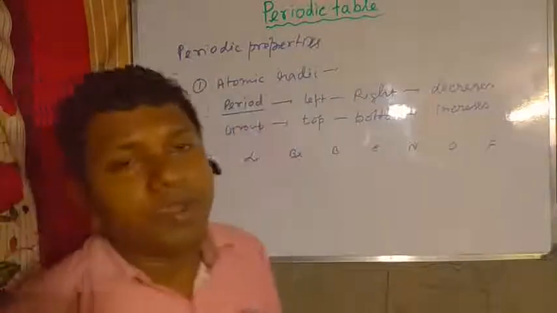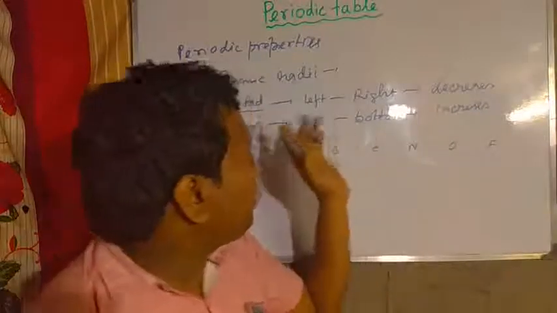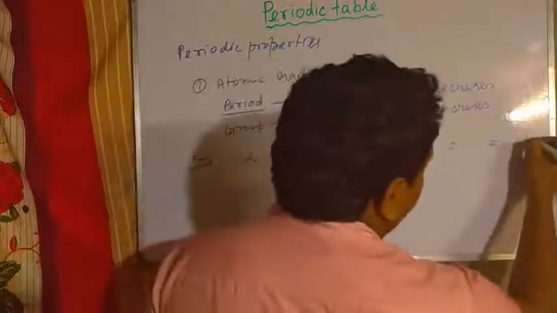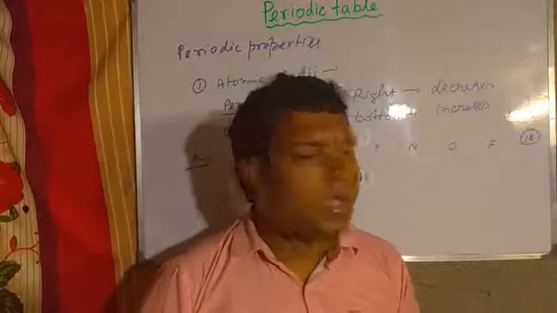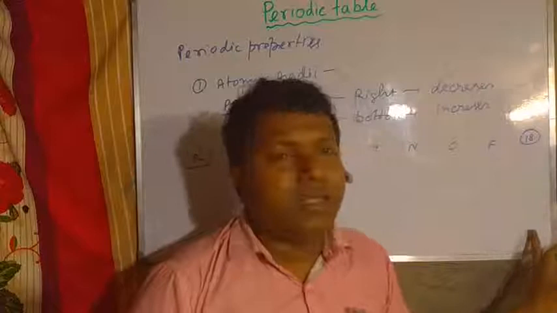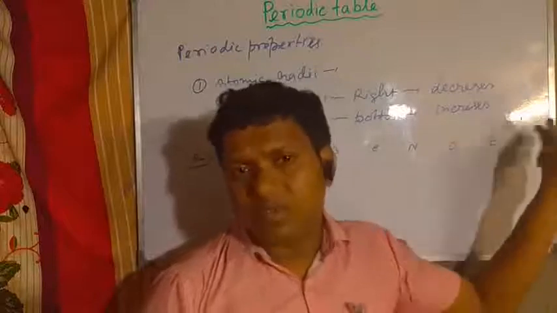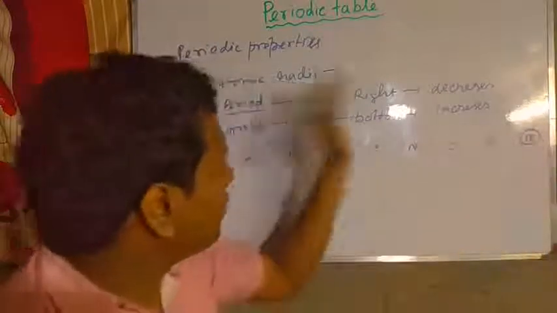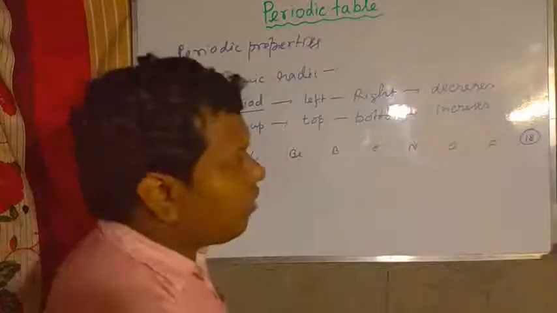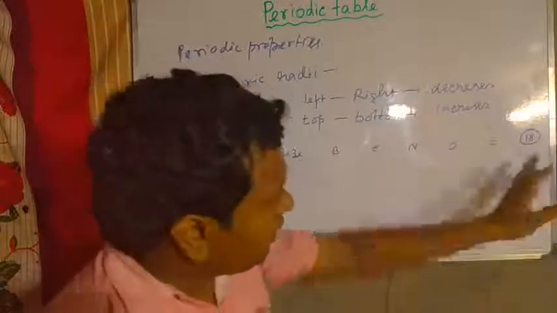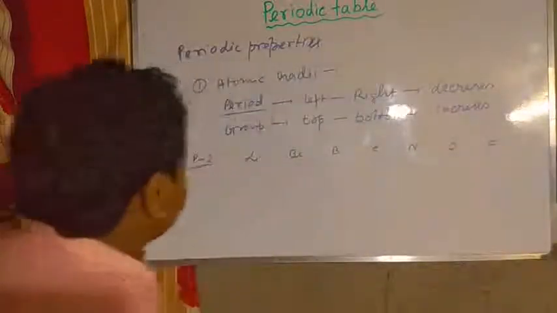When we explain or define various periodic properties, group 18 cannot be accepted, because group 18 contains the inert gases, so we cannot accept this group in the periodic function. Okay, but not for all properties; for some selective properties we can also accept it. So here group 18 is not accepted.